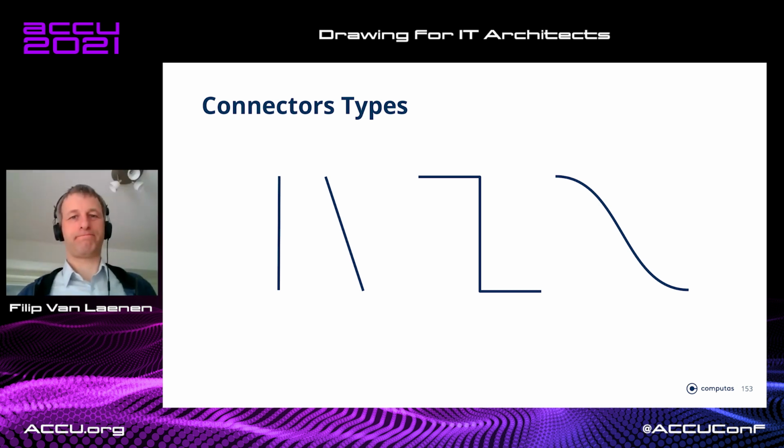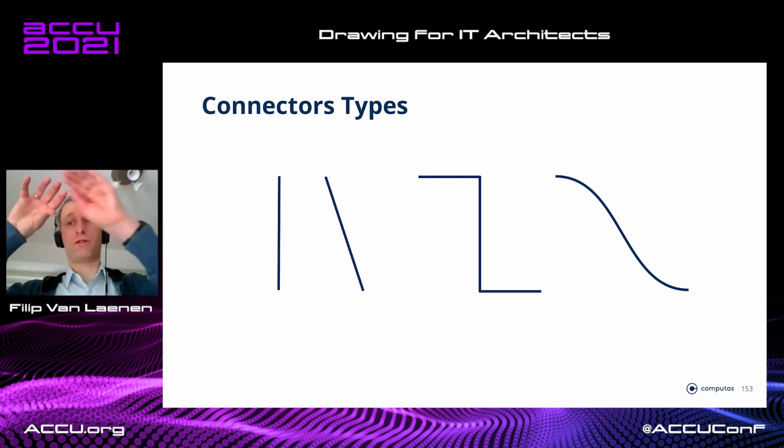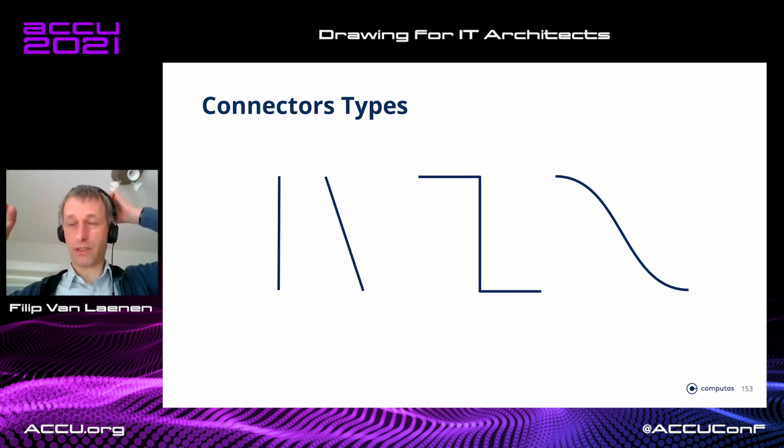I usually use the elbow line, so the one with the right angles, because if you use the diagonal lines, they will maybe have to start to cross other shapes that you're not connecting to.